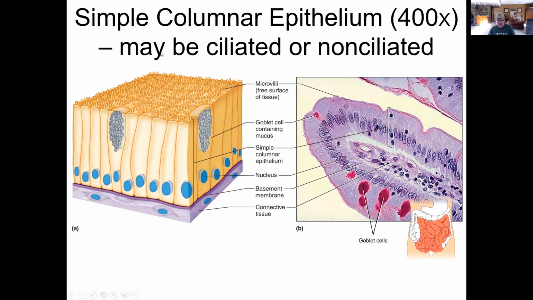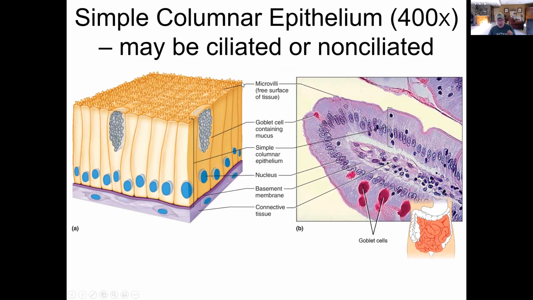Now again, the space the apical surface here is facing is where the food would be that you digested or are digesting. So you can see again absorption of those organic compounds, those monomers, building blocks. But there could also be secretion of enzymes to continue the digestive process, all taking place thanks to these simple columnar cells. But back to the microvilli.